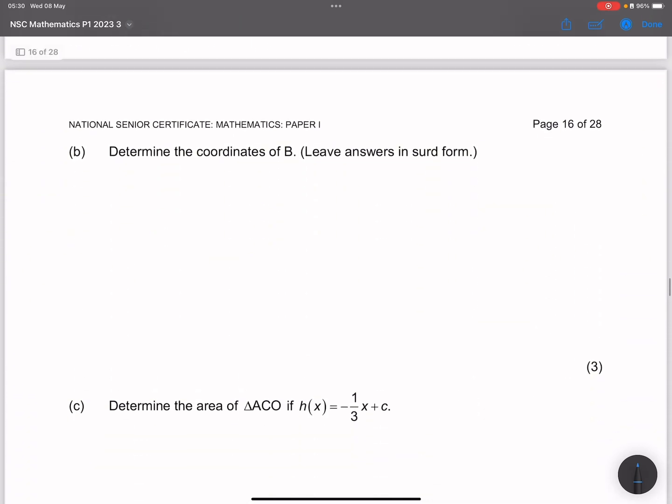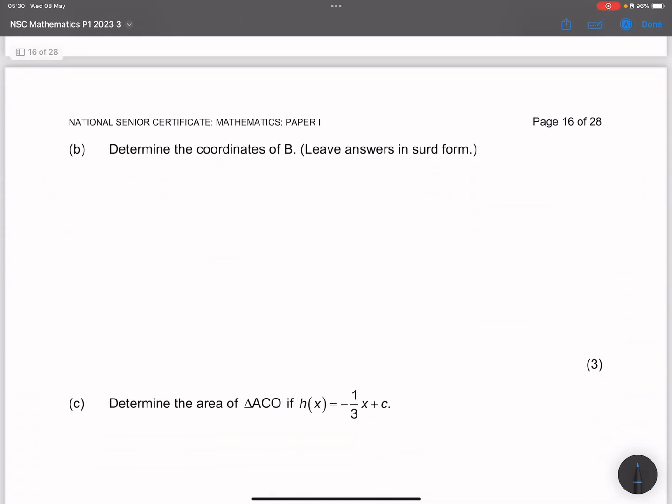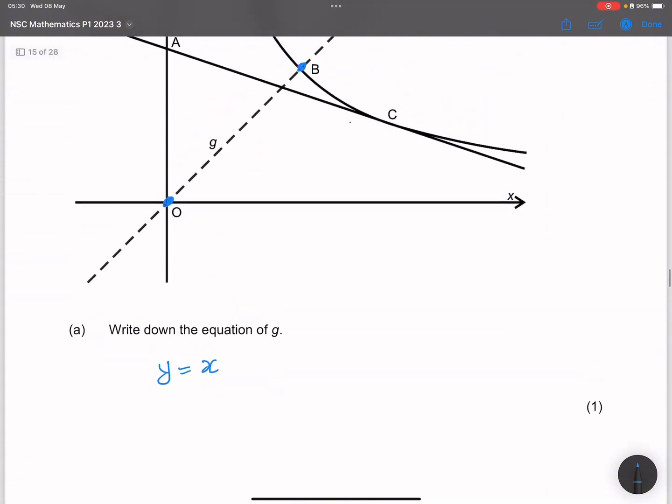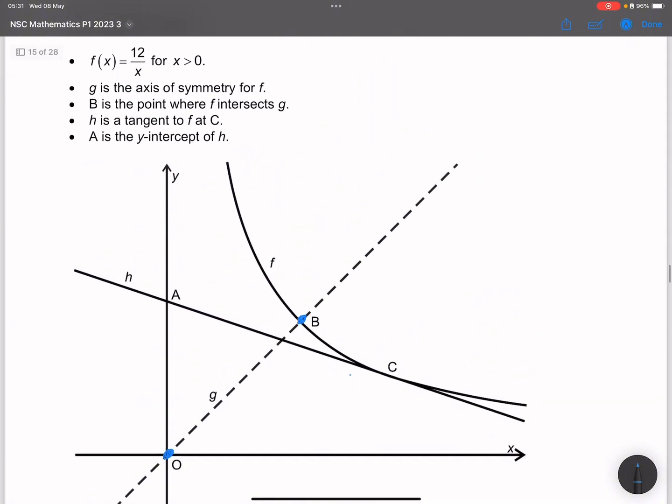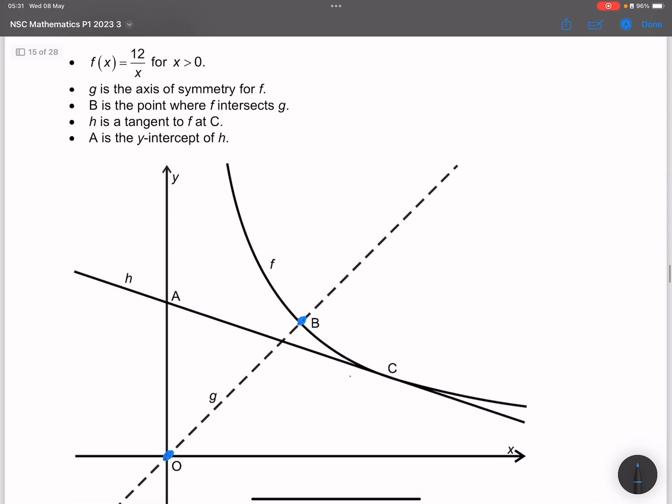Next, they say determine the coordinates of B. Leave the answer in surd form. Now remember, in this case, what does B represent? The point of intersection between the axis of symmetry, the line y is equal to x, and the equation of f of x, which is 12 over x.